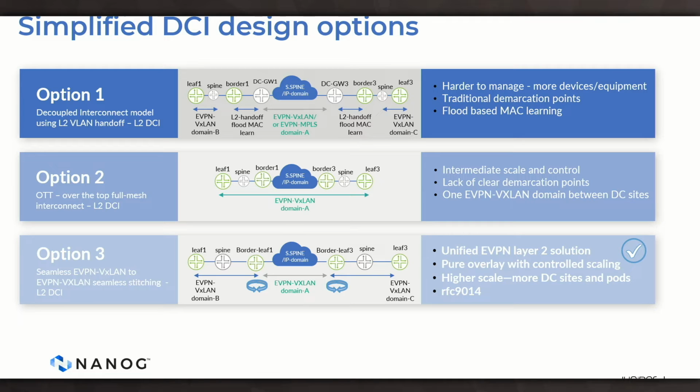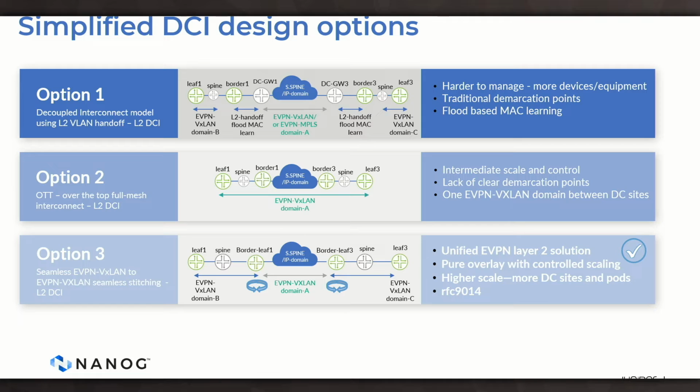That's one of the options. I just split my domains from the interconnect to the fabric using a simple L2 handoff, right? Very popular whenever you have just two sites to interconnect, not a big deal. I can then use either another domain of EVPN-VXLAN in the middle, or just deliver the EVPN MPLS as a DCI technology.